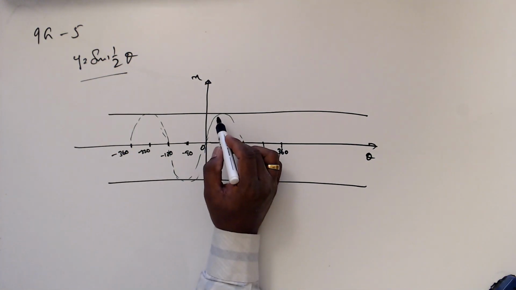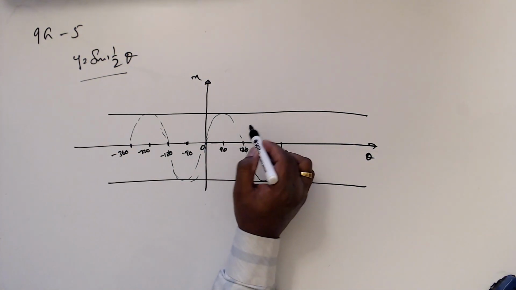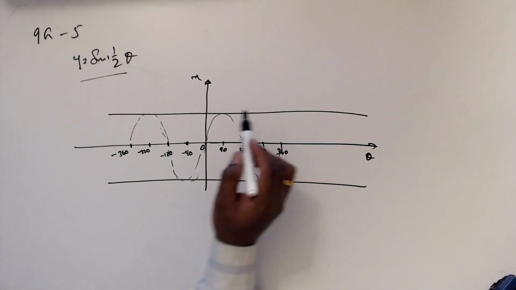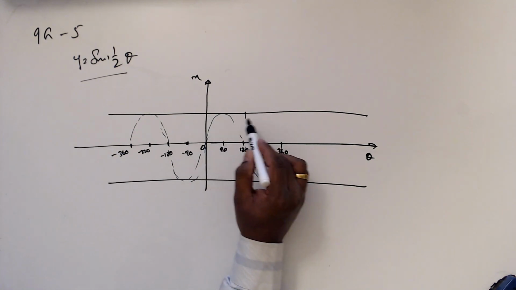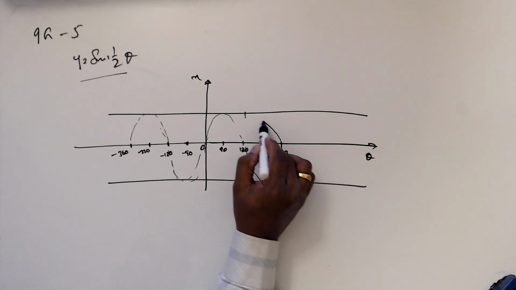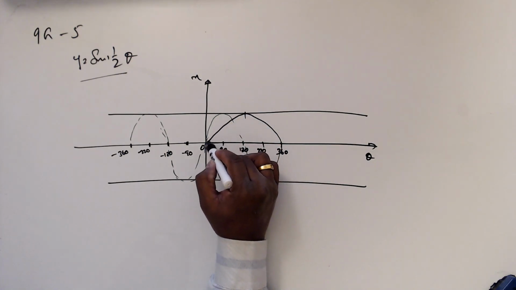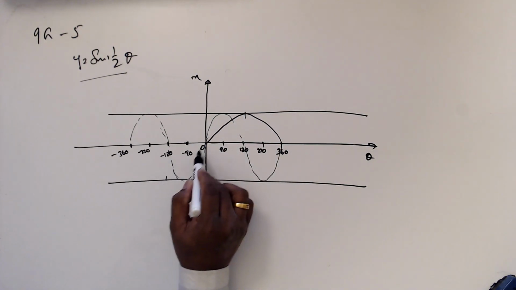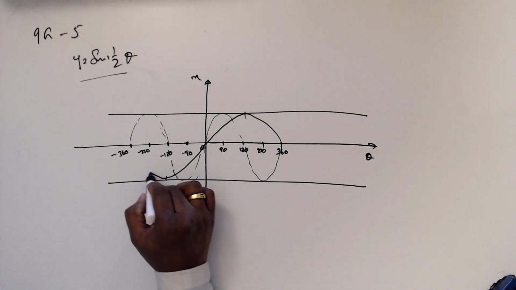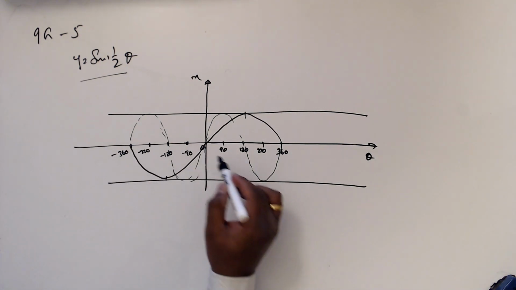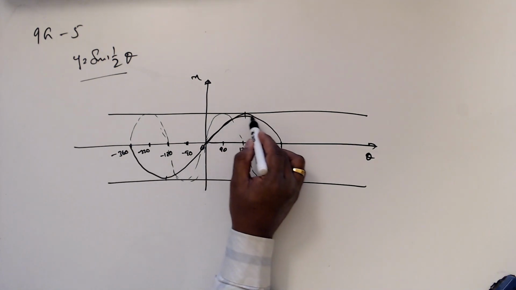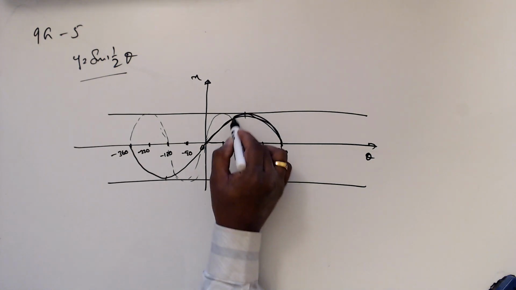When it becomes half a sine theta, this is going to be this kind of curve.